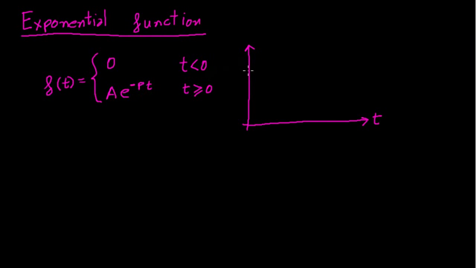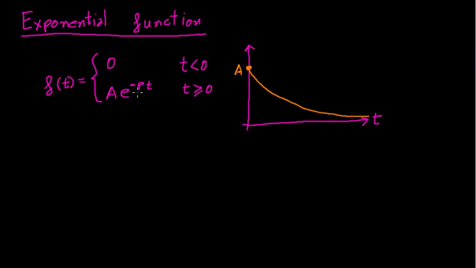That means that in 0 the function takes the value a right here, and as long as p is positive, the function decreases and approaches exponentially 0. It converges to the value 0.